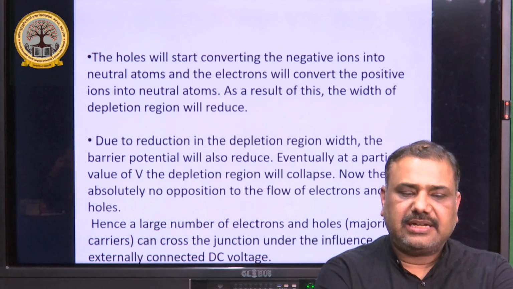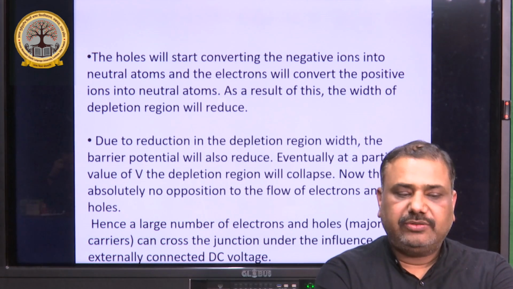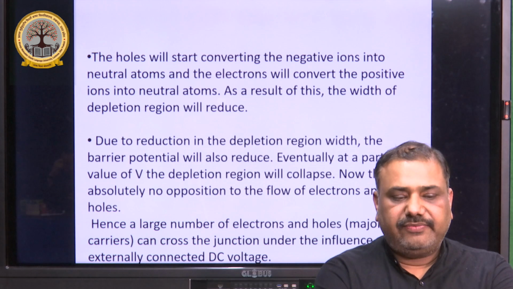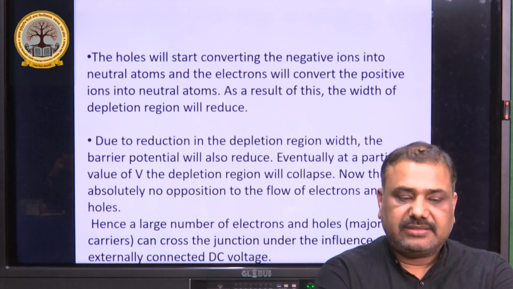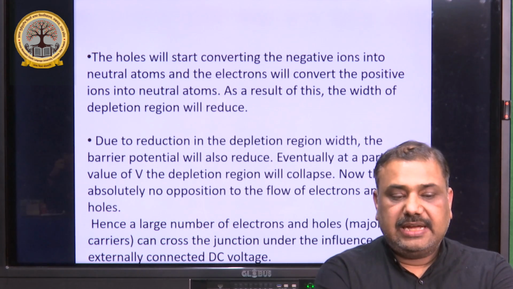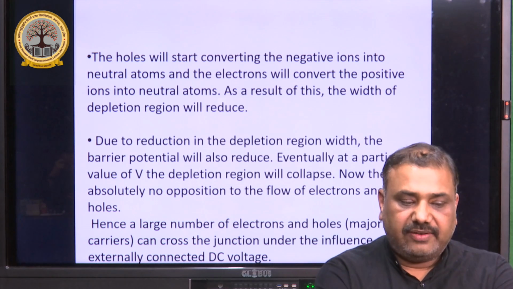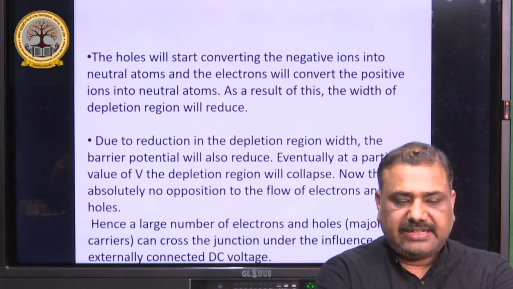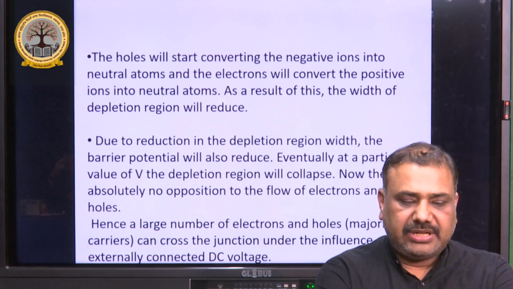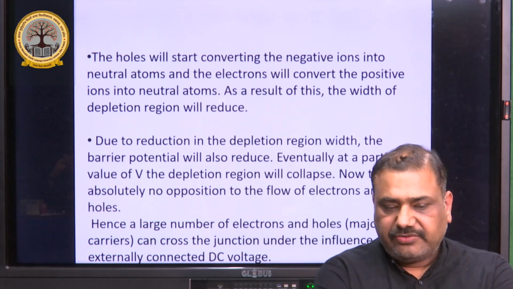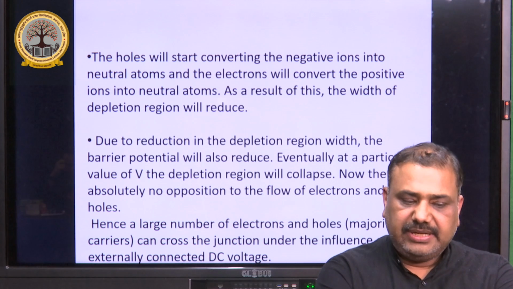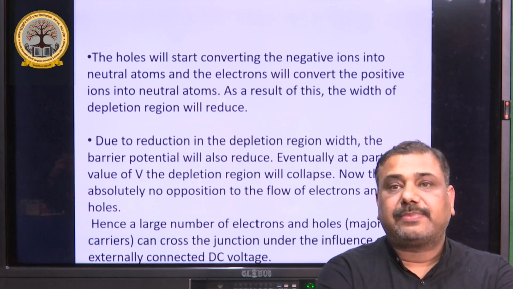The holes will start converting the negative ions into neutral atoms and the electrons will convert the positive ions into neutral atoms. As a result, the width of the depletion region will reduce. Due to the reduction in the depletion region width, the barrier potential will also reduce. Eventually, at a particular value of V, the depletion region will collapse.